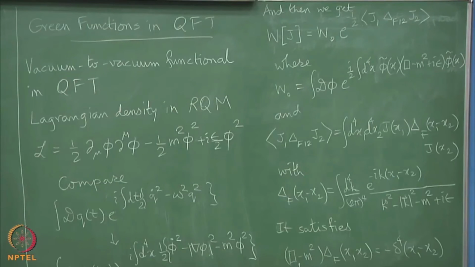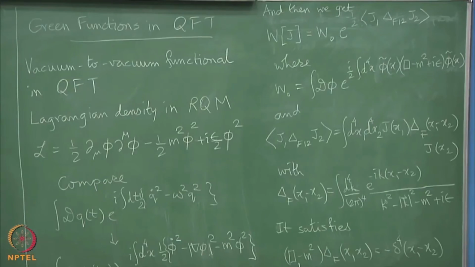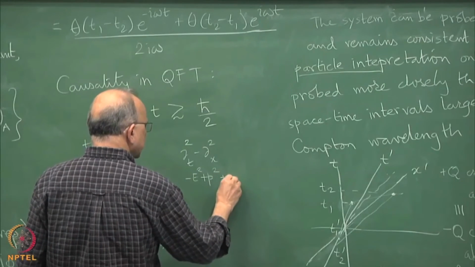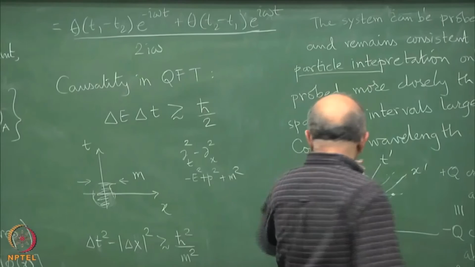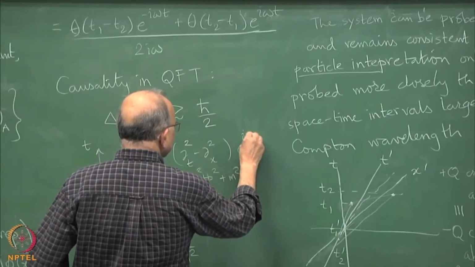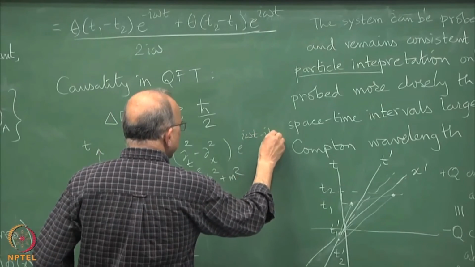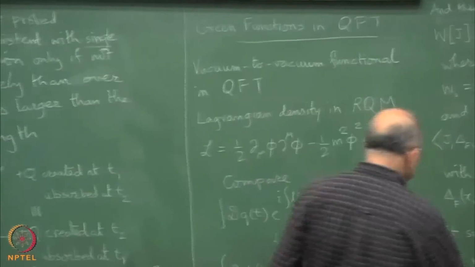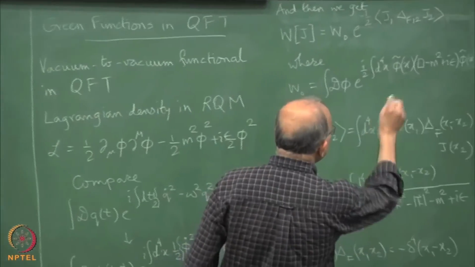Box plus m squared I have to write, because box in my definition is d t squared minus d x squared. So minus d x squared will give plus p squared. Because of the i, it will act on e raised to i omega t. So because of the i's, I have to put a plus m squared here, which is probably required here also.